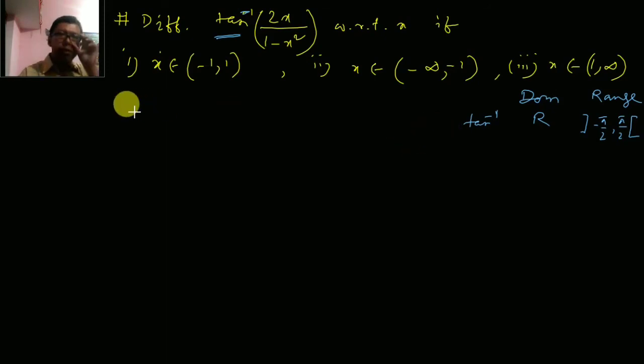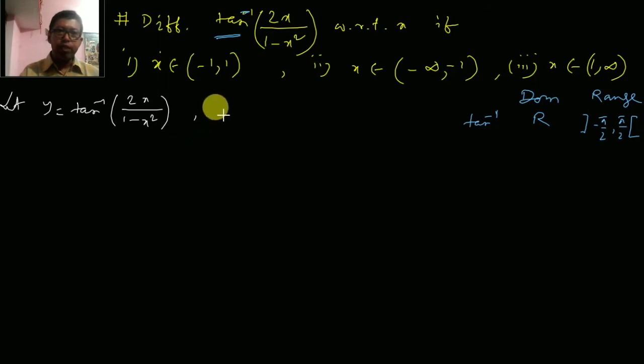Now we have to differentiate. First, we take the function given as usual. So let y is equal to tan inverse of twice x divided by 1 minus x square, and you are quite sure that you will substitute x as what? x is equal to tan theta. Obviously, you know 2 tan theta divided by 1 minus tan square theta is equal to tan 2 theta.